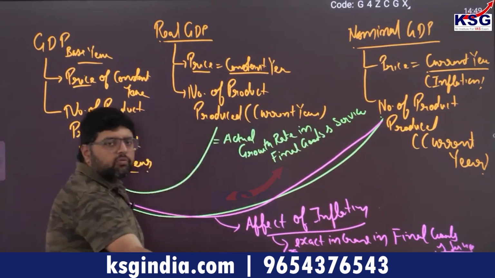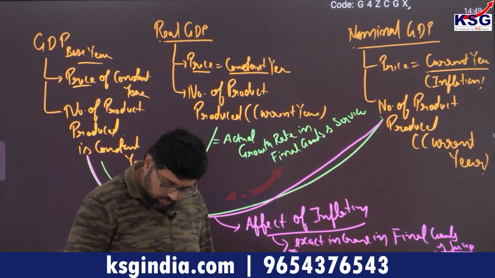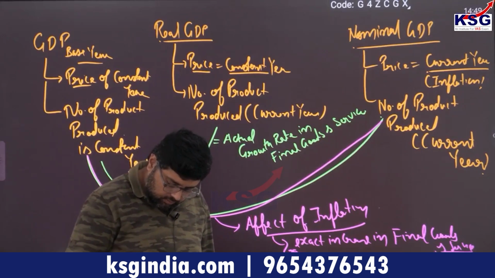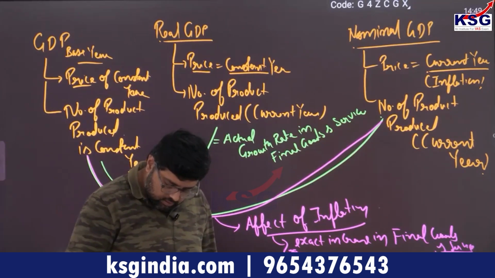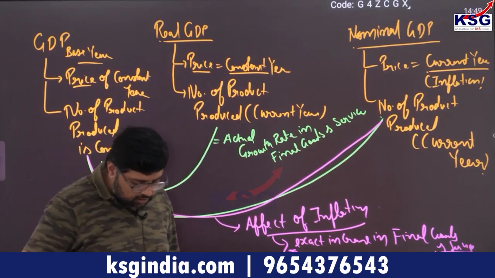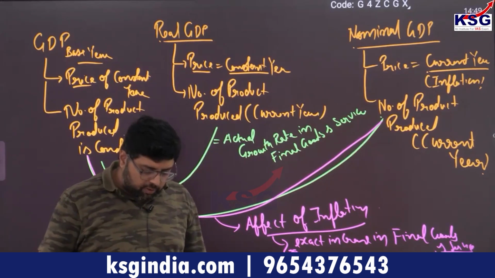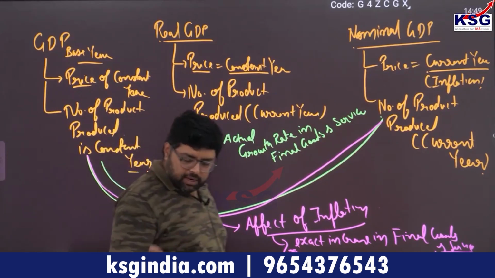I hope it is clear to you. Conclusion: if inflation is too high and producers don't want to make the product, then GDP will be low.